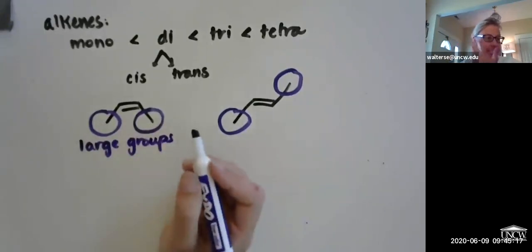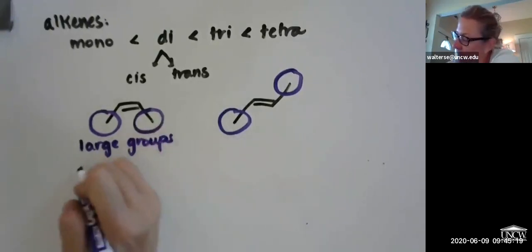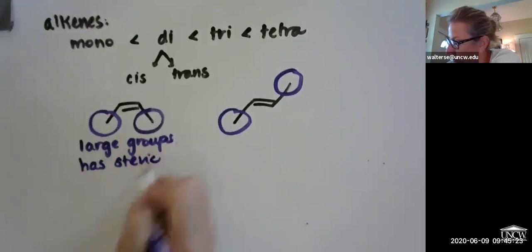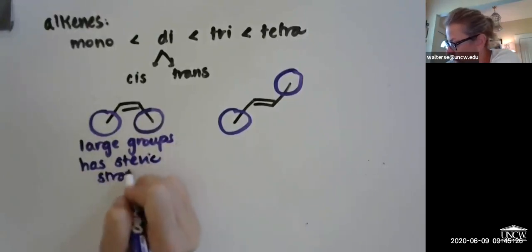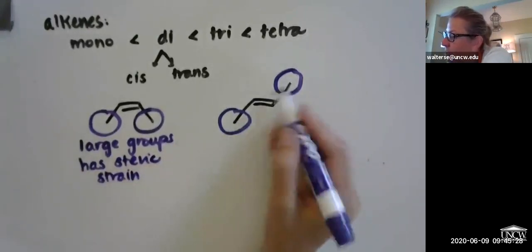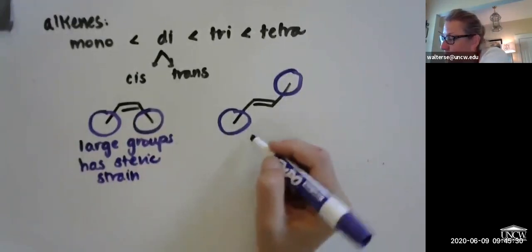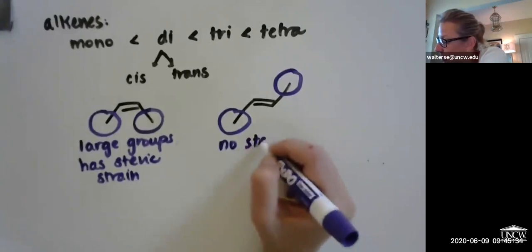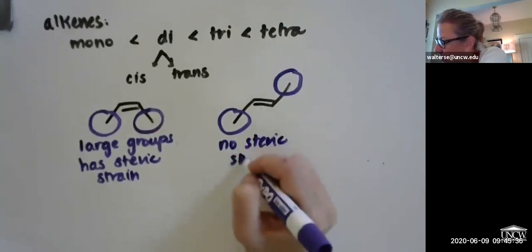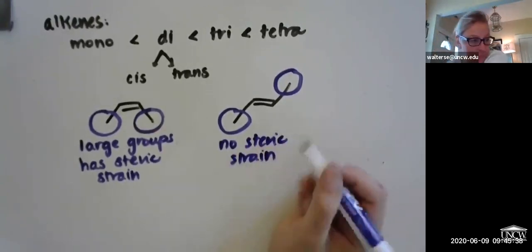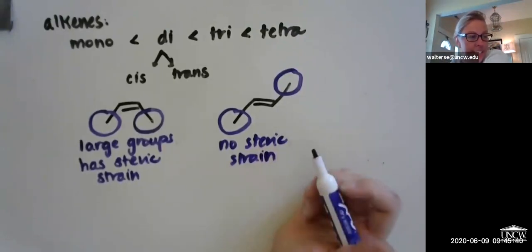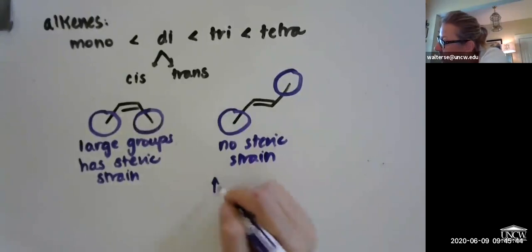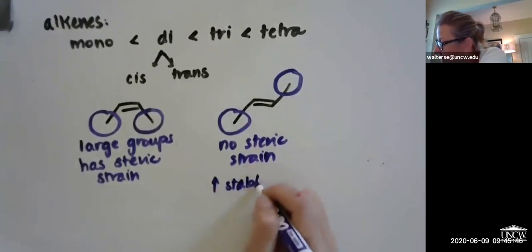So the cis isomer has steric strain. The trans isomer has the large groups far apart. So this has no steric strain. So trans is more stable than cis.